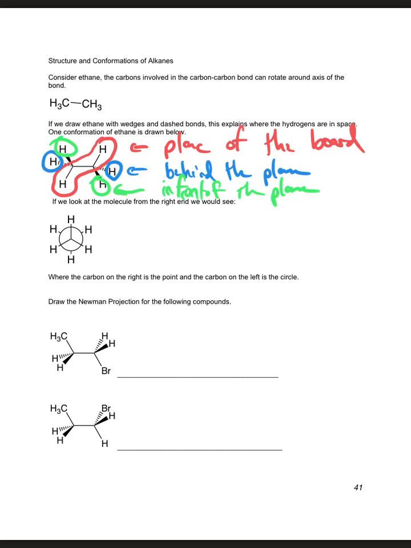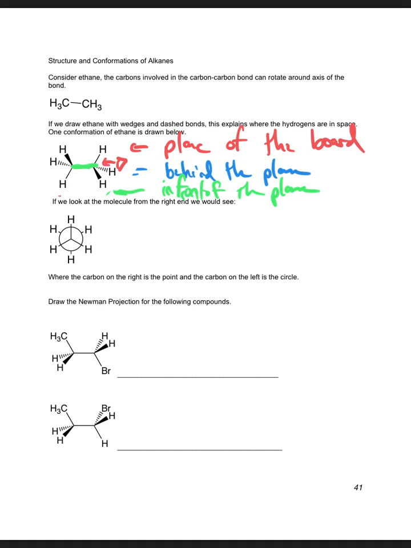Now, if we were to pick this molecule up, ethane, from the way it is drawn right there, and I'm going to erase the marks I made on it so we can talk about it as we're going along. Okay, but if we were to grab it by this bond and put our hand around that bond and then rotate our hand 90 degrees, we're going to think about looking at it from right here, this end.